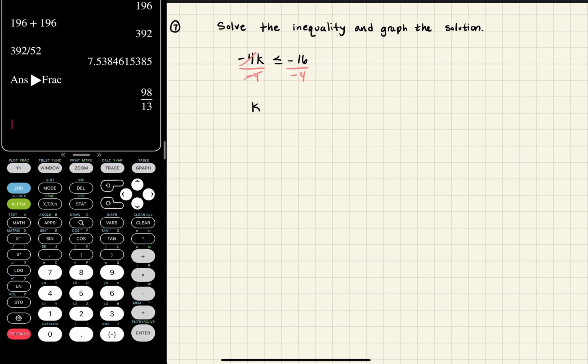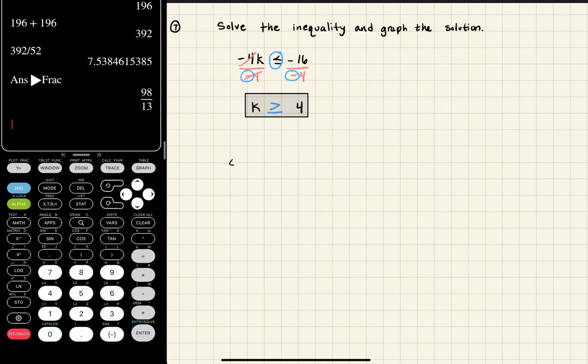If you divide by a negative, so -16 divided by -4 is a +4, you've got to flip your symbol, all because we divided by a negative number. So we get k is greater than or equal to 4.